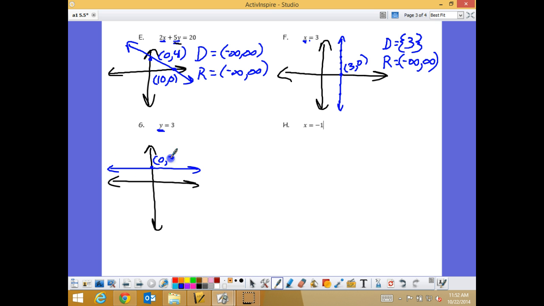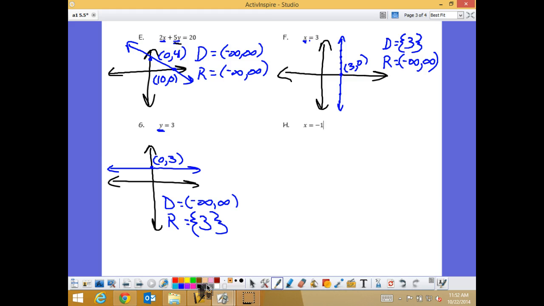Label that y-intercept. The domain for this one, left to right, is negative infinity to infinity. And the range, bottom to top, well, it's only one value. It's just 3. So we set that apart with braces.